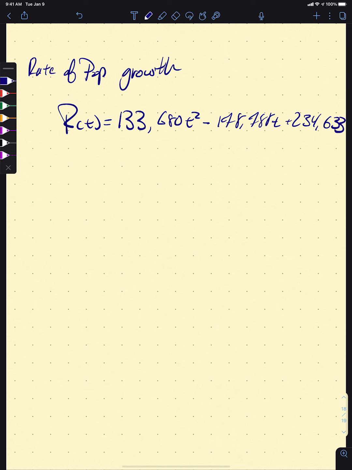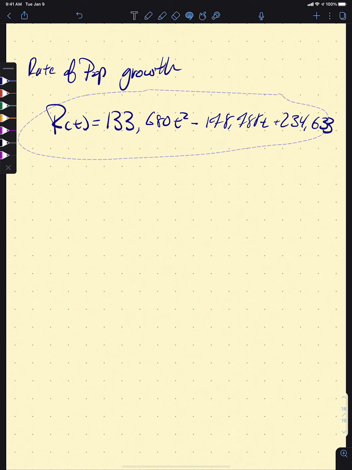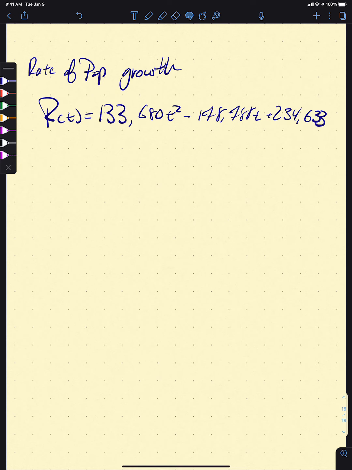Some monstrous function that you just happen to know, for whatever reason. And this is for t between 0 and 3. This is how fast we're growing.